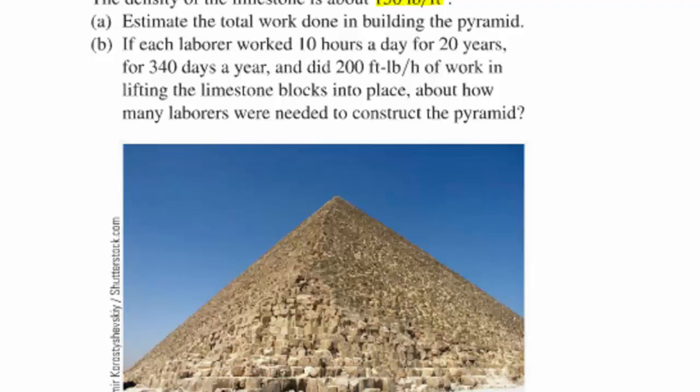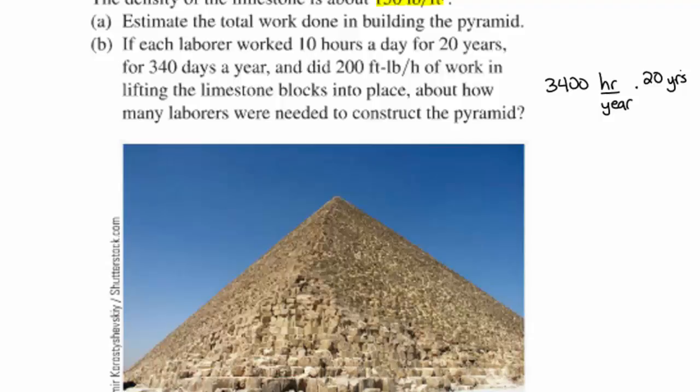So let's see, we have people working 10 hours a day. We're going to assume, again, 340 days per year. So that's 3,400 hours per year. That's how many hours per year a single person would work. And then they do that for 20 years.